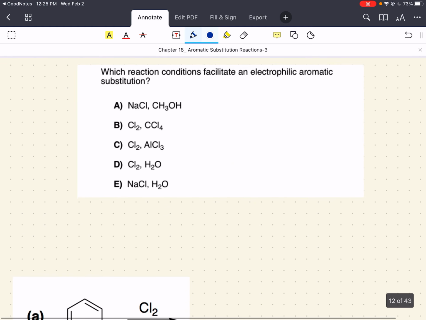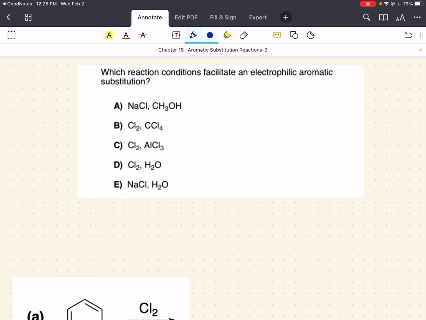All right, let's move on to the next question. Which reaction conditions facilitate an electrophilic aromatic substitution reaction? This is good to make sure that we understand which of these are actual reagents used in electrophilic aromatic substitution reactions.